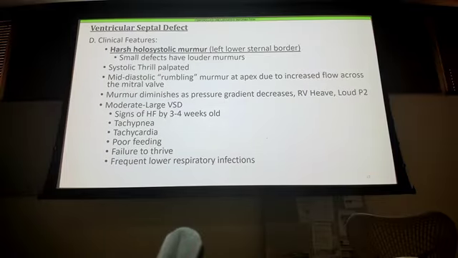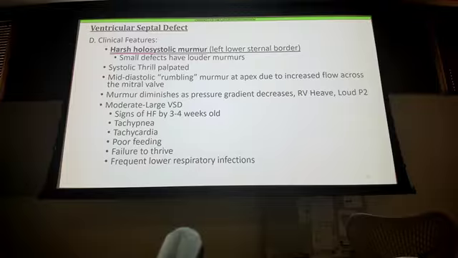So what are you going to appreciate on your exam that might make you suspicious for a ventricular septal defect? The classic description is a harsh holosystolic murmur, best heard at the left lower sternal border. Okay? The left lower sternal border is your tricuspid auscultation site, right?